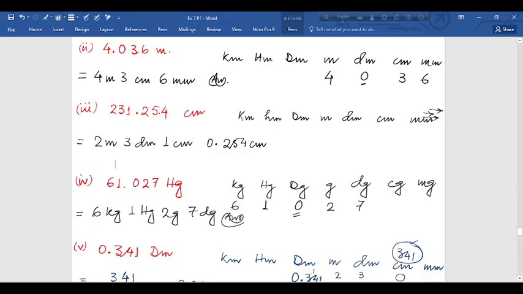Kilometer, and it is written in centimeter. Now in centimeter position, you just write down these 2 and 54. We cannot prolong it more than millimeter.